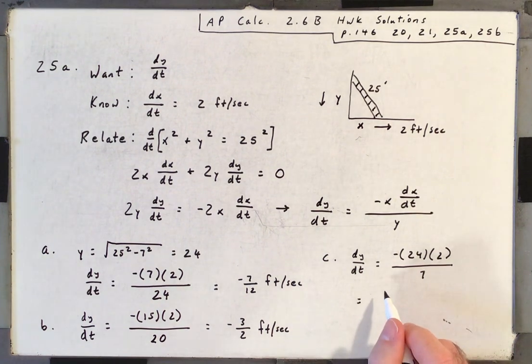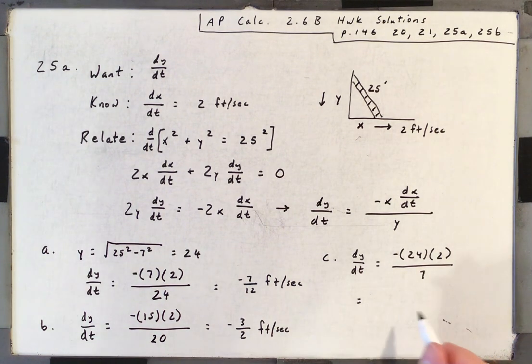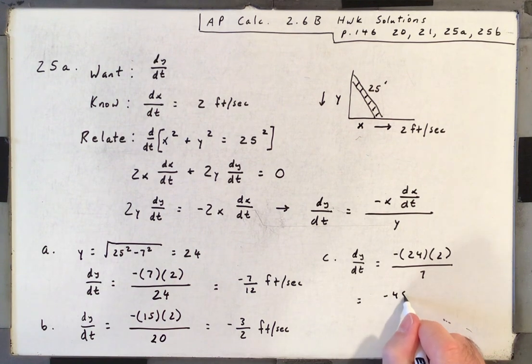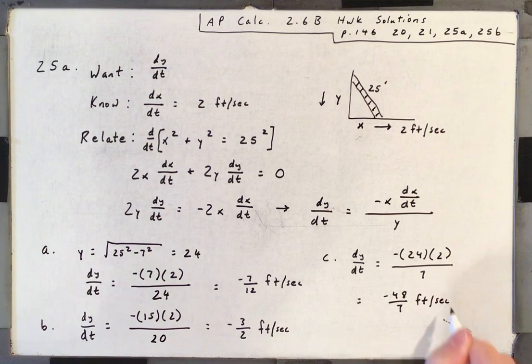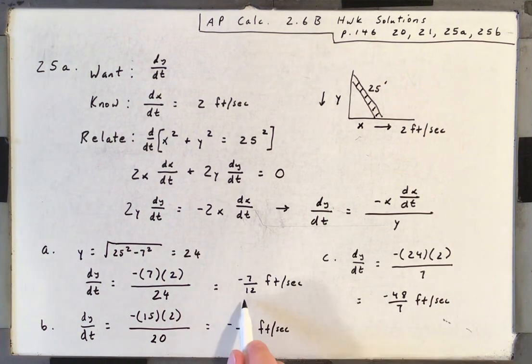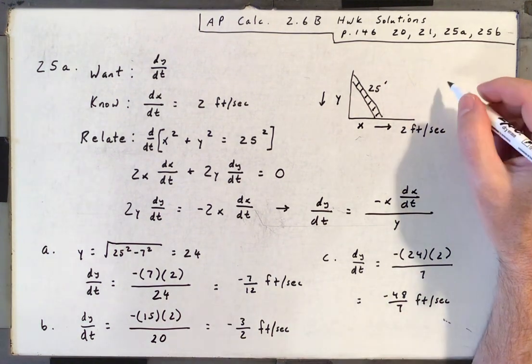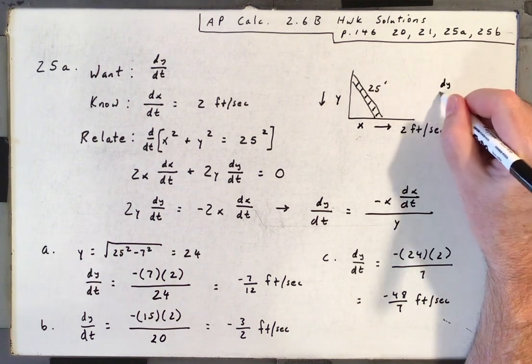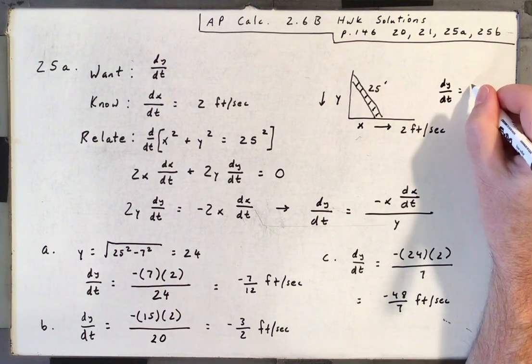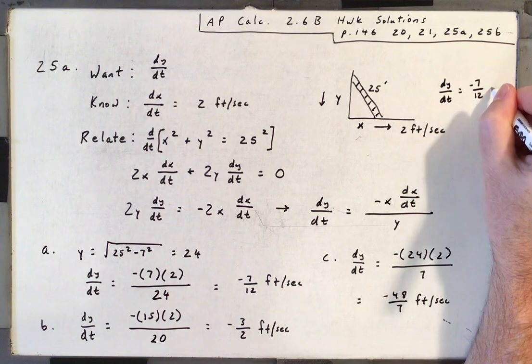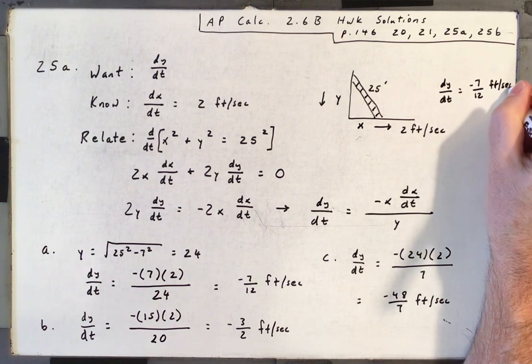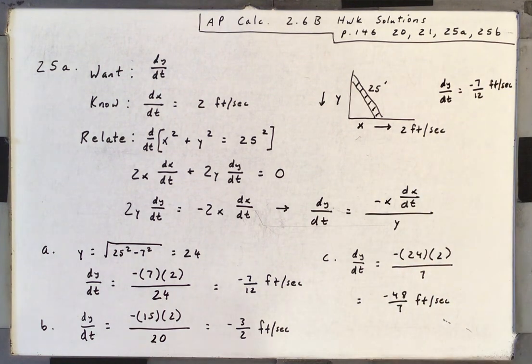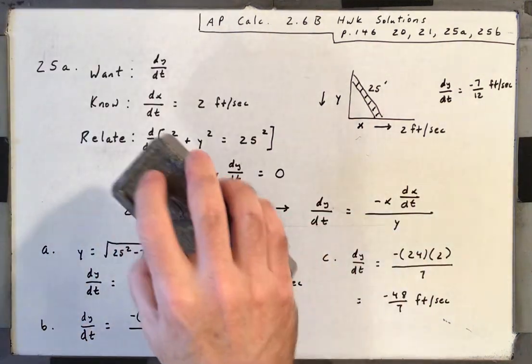So that would be negative 48 over 7 feet per second. Okay, and we're going to use that negative 7/12, so I'm going to write that up here: dy/dt is equal to negative 7/12. And then we can go ahead and do 25b.